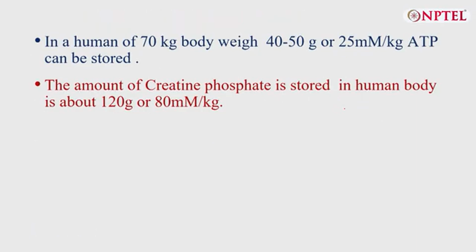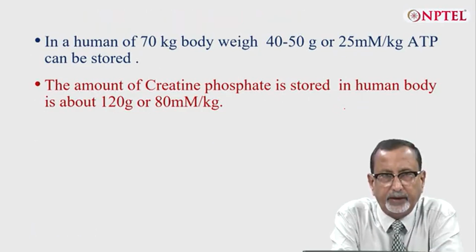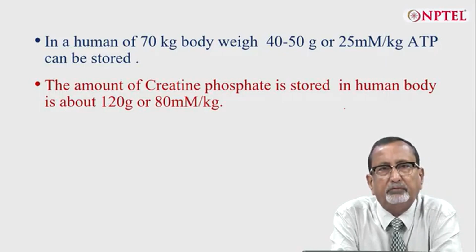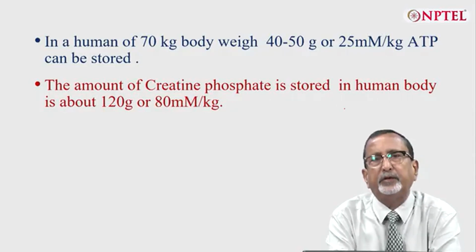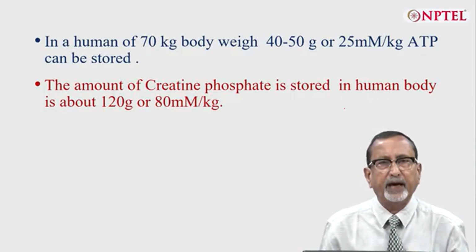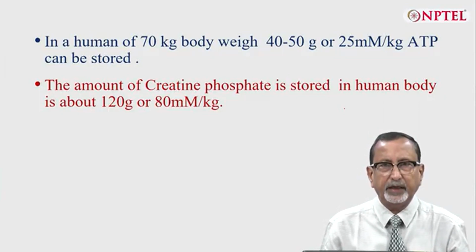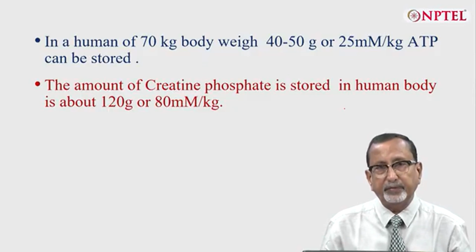We have a very limited store of ATP in our human body. A human body of 70 kg body weight with 12% body fat has 40 to 50 grams of ATP, which is equivalent to around 25 millimole per kg.